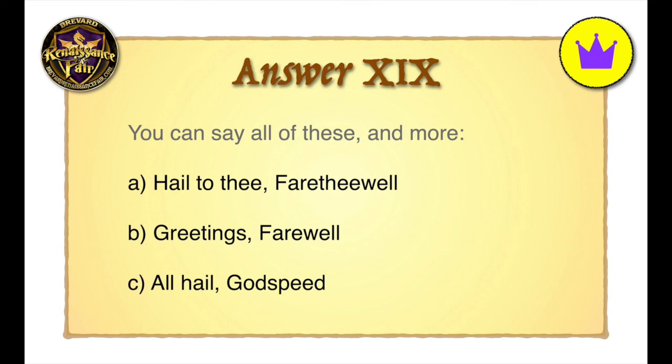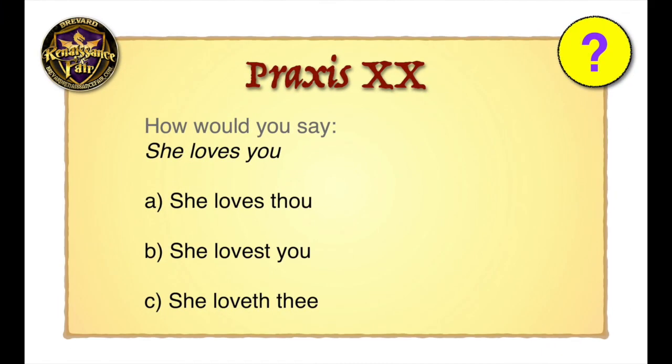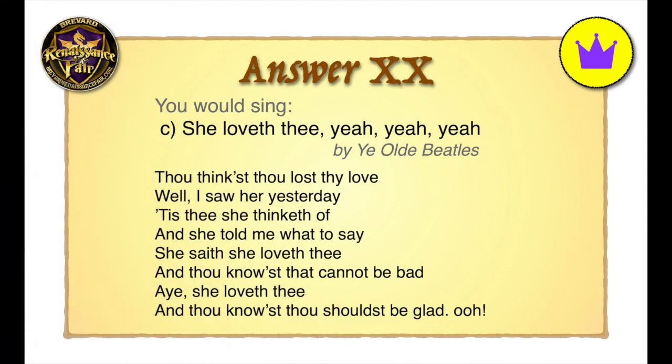They're just all different ways of saying hello and goodbye to patrons at the Renaissance Fair. How would you say she loves you? A. She loves thou. B. She lovest you. C. She loveth thee. And the answer is she loveth thee.